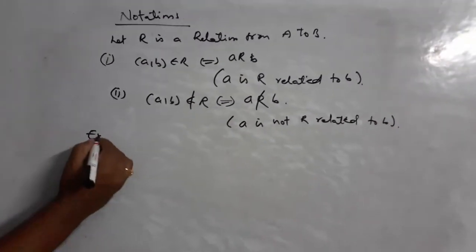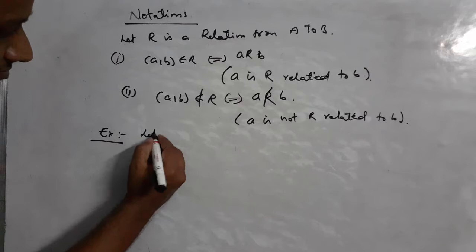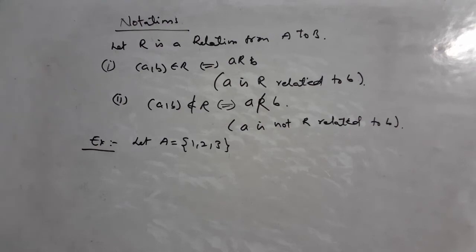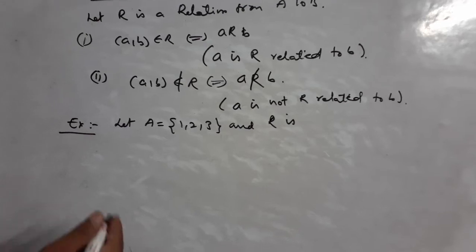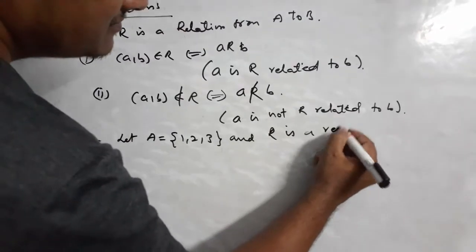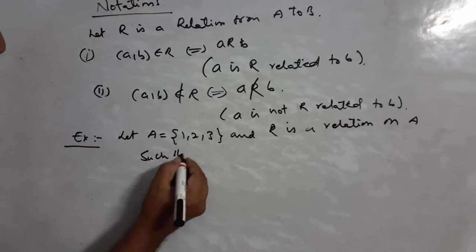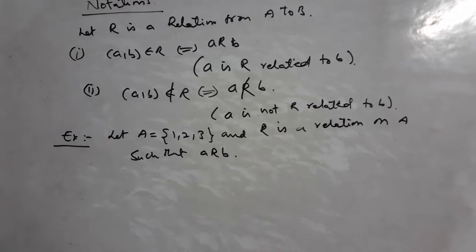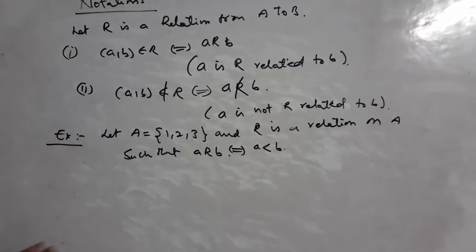Now an example for the relation. Let A be equal to {1, 2, 3}, and R is a relation on A such that a is related to b if and only if a is less than b.